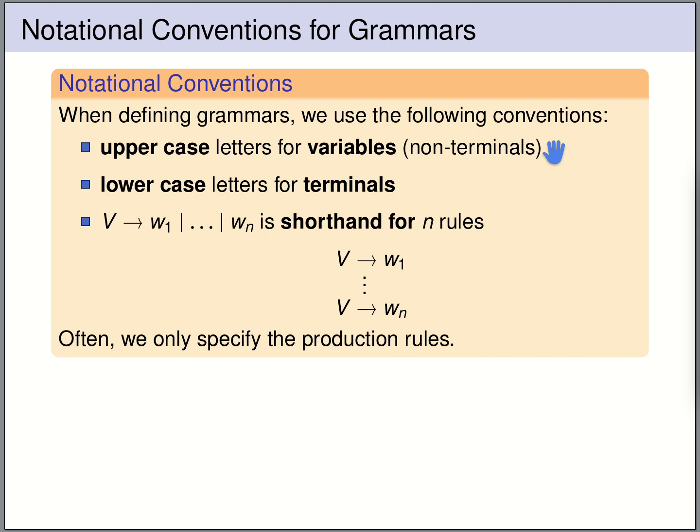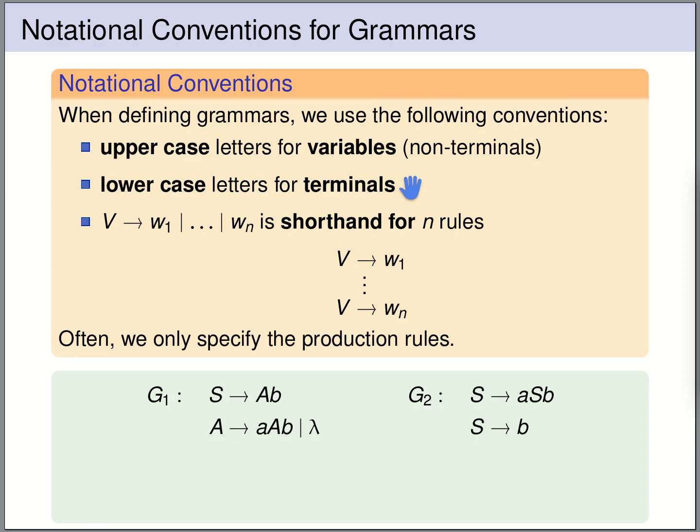We will always denote variables by uppercase letters and terminals by lowercase letters. In this way, from the production rules, it's immediately clear what are the variables and what are the terminals. For instance, in this example grammar, we have variables S and capital A, and we have terminals lowercase a and lowercase b.